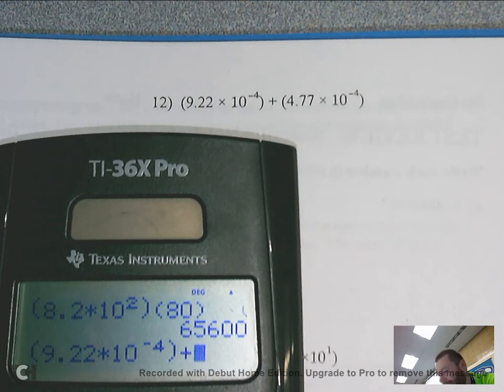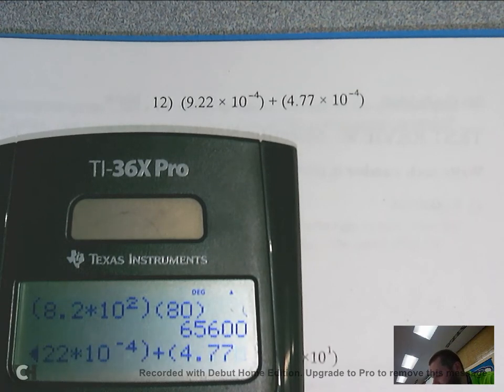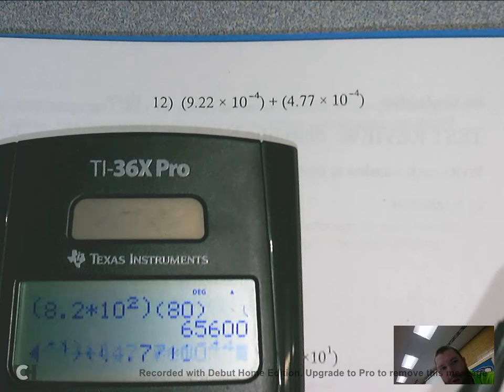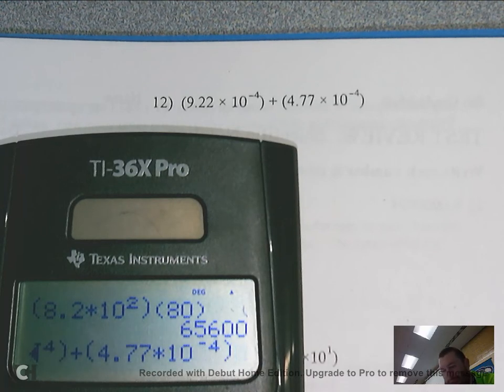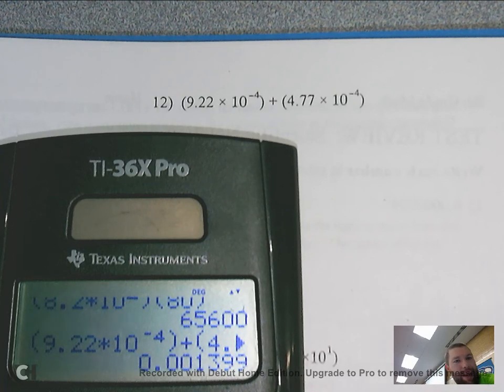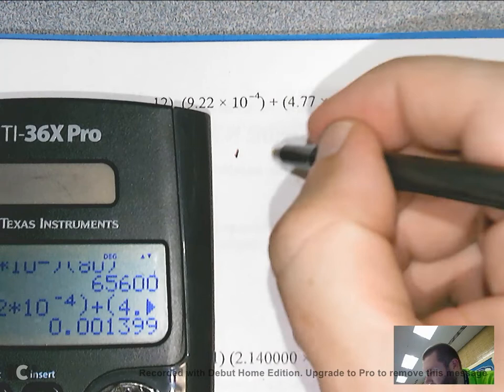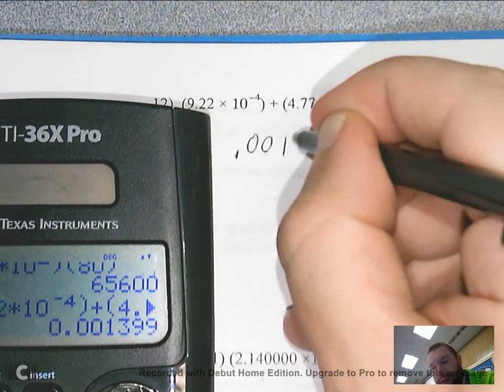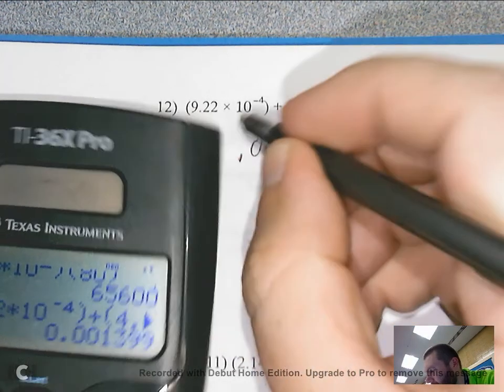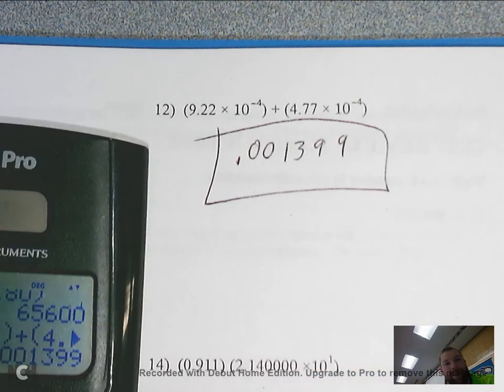Okay, there we go. 4.77 times 10 to the negative 4. And then you push over in parentheses. Okay, so put it in there just like I saw it. Push enter, and that's my answer. 0.001399. And that is it. That's all I'm doing.